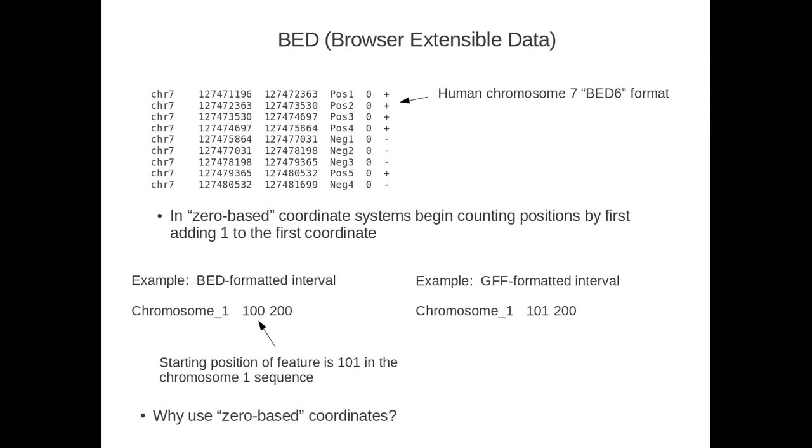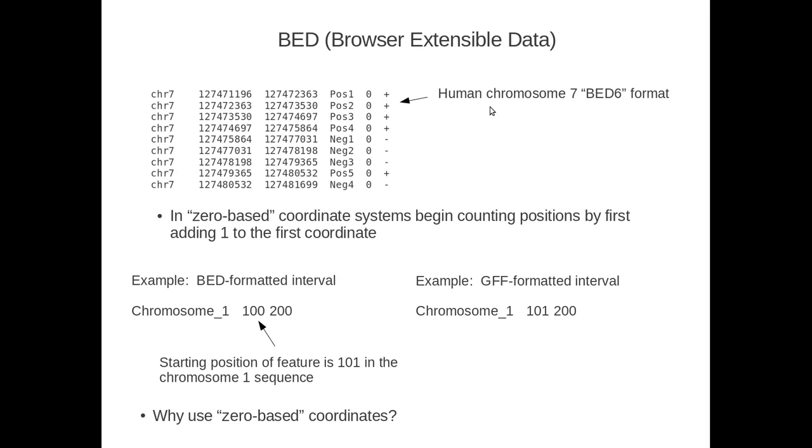I wanted to introduce the browser extensible data format. This is the BED format, because this is maybe one of the simpler ways in which we store interval data. And there's one twist with the browser extensible data format that we haven't yet encountered in this course, and that is the subject of zero-based formatting.